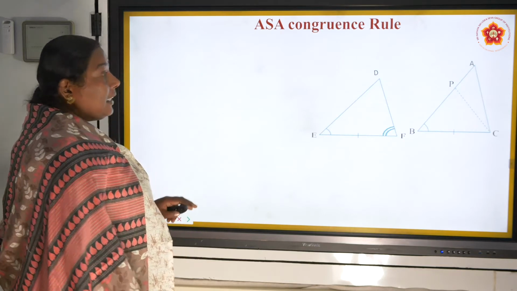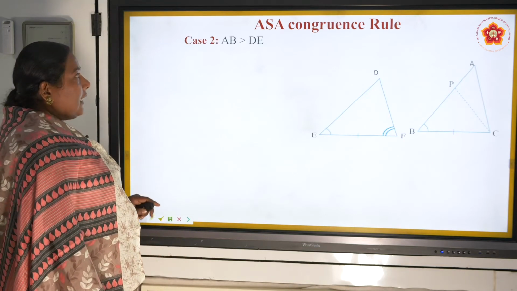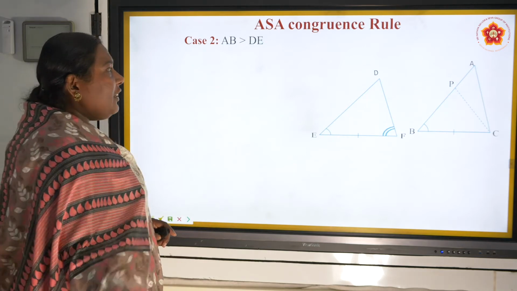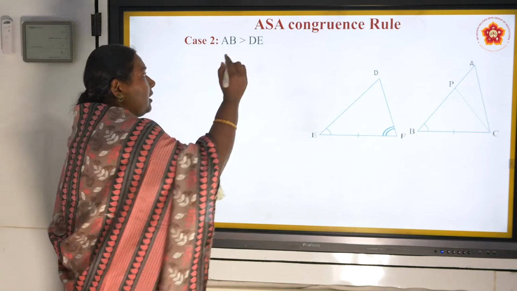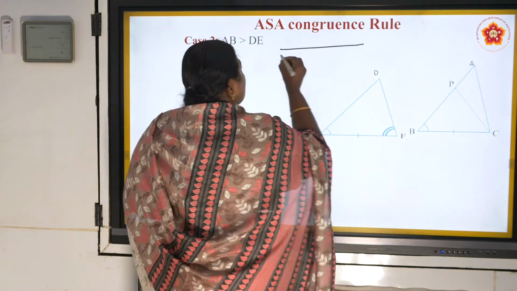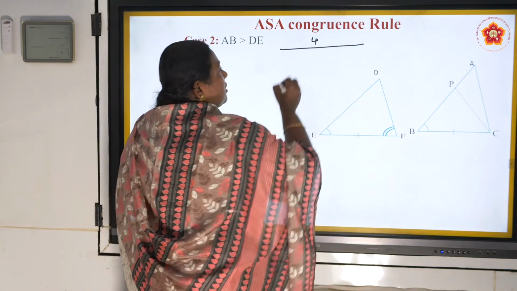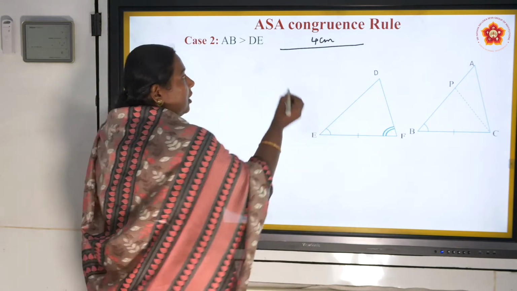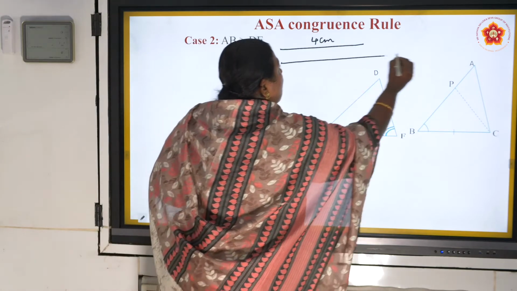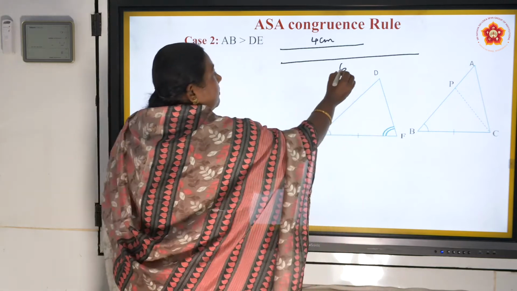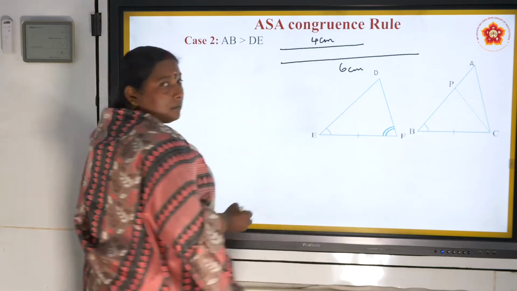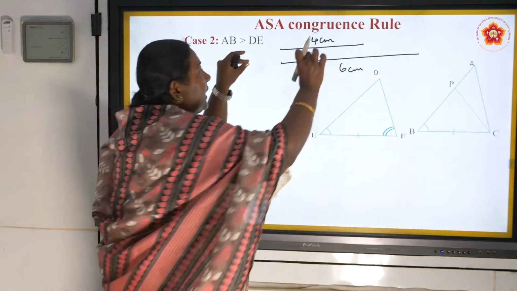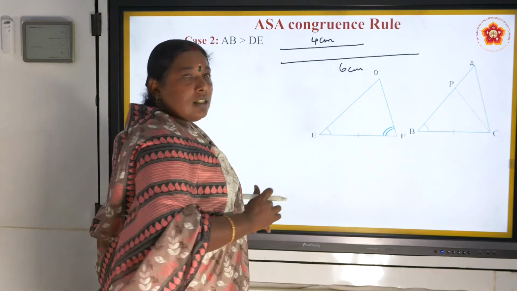Let us see the next case, that is AB greater than DE. If it is greater than DE, let us take one, this is 4 centimeter, and this is 6 centimeter. Now, is it possible for me to take the 4 centimeter and keep it on the 6 centimeter? Yes, it is possible.